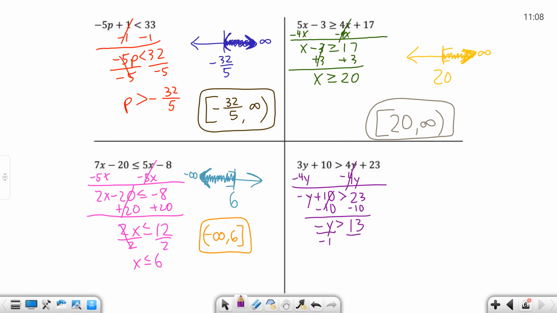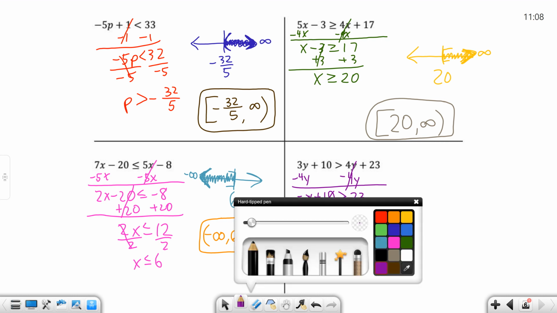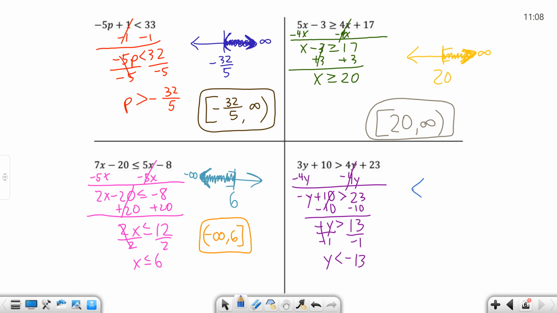Then I divide both sides by negative 1 or multiply by negative 1, however you do it. Y is less than. Why did I change that to less than? Because I divided both sides by a negative. Okay? Not because my answer is negative, not because it's less than, not because it's y, because I divided both sides by a negative. So there's your final inequality solution. Okay? So then on my number line, I care about negative 13, less than is to the left.